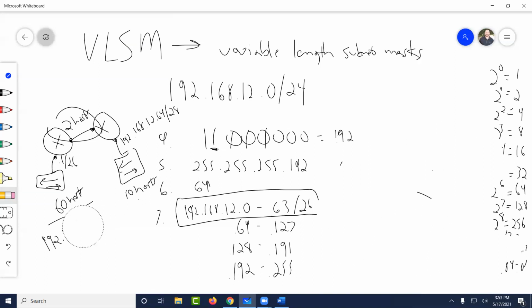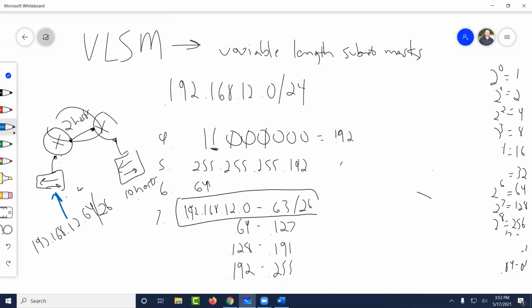We would not have put this /0 right there. We would not have put this here. What we would have done is we would have broken this .64 out and we would have put it right here. So we'd have done 192.168.12.64/26, and we would have put it right here. That would have been the network for this particular setup.